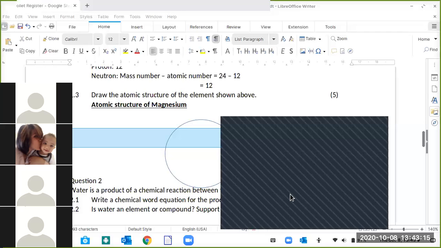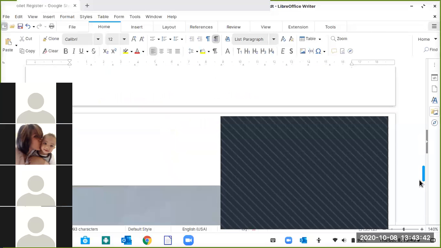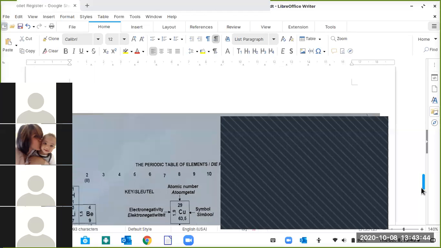It has got a maximum of 2 electrons, which means the innermost shell must have 2 electrons. Then the second shell, it has got a maximum of how many electrons? We are stuck now.